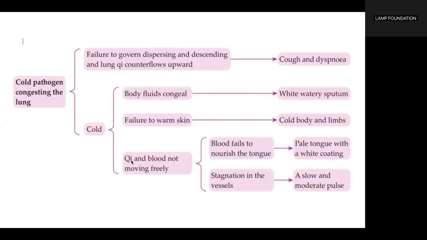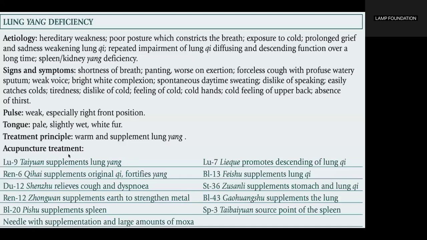This pattern manifests as a sudden onset of cough and dyspnea, accompanied by a cold pattern as a diagnostic indicator. Lung yang deficiency will arise from the same etiological factors that cause lung qi deficiency. Factors such as repeated invasions of exogenous cold, overexertion, and consuming cooling foods will often be involved.